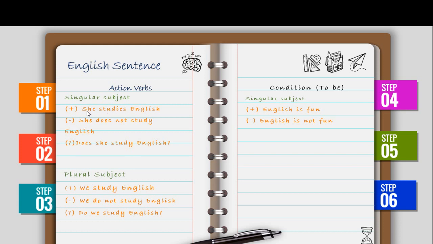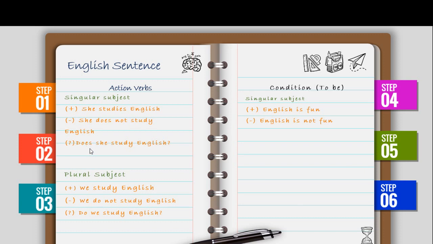When you are making it positive, she studies English, and you need to make a negative for this. She doesn't study English. Okay, good. You need only to put does and not before the verb. And when you make a question, just move does to the front of the sentence, before the subject itself.